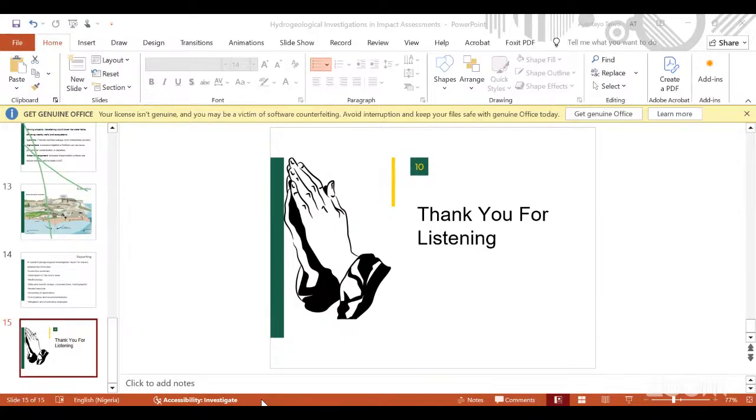So my question to our distinguished lecturer is, so that we can all learn from this, how can we extend the determination of groundwater flow direction to impact assessment? What is the connection, and what are the implications of groundwater flow direction to impact assessment? I hope my question is clear.